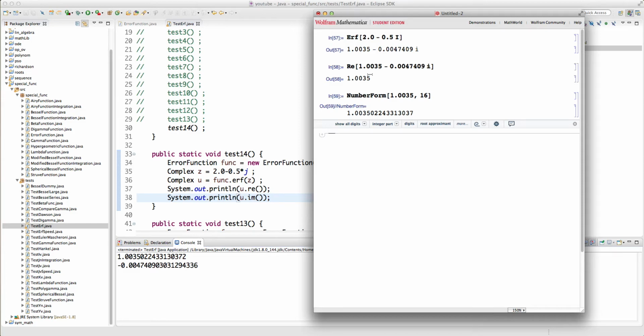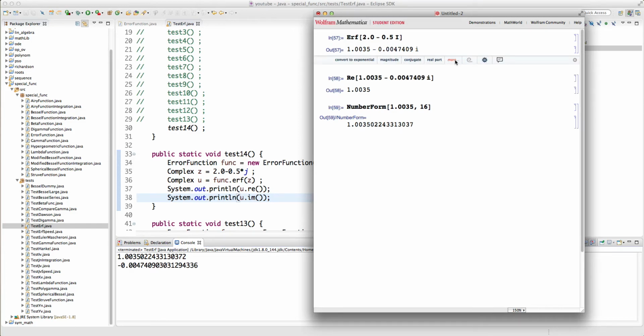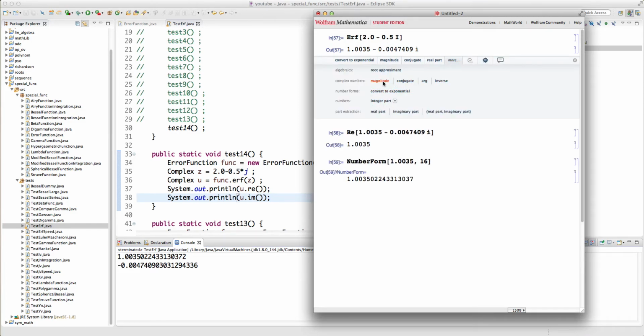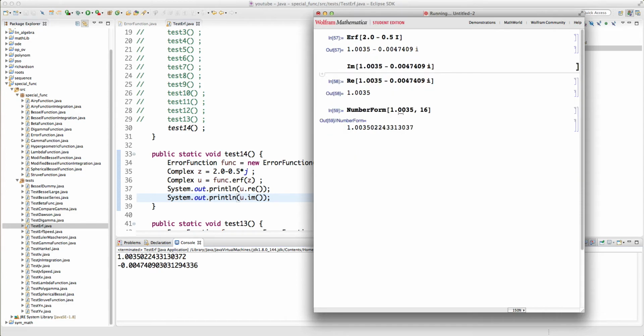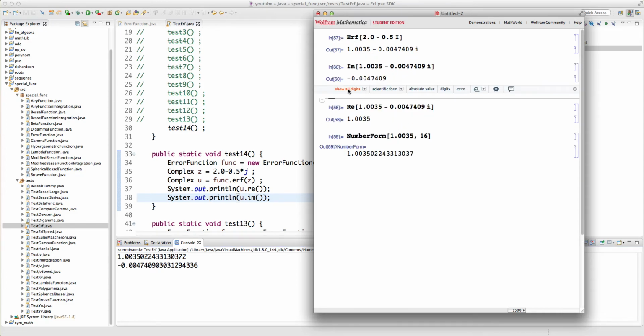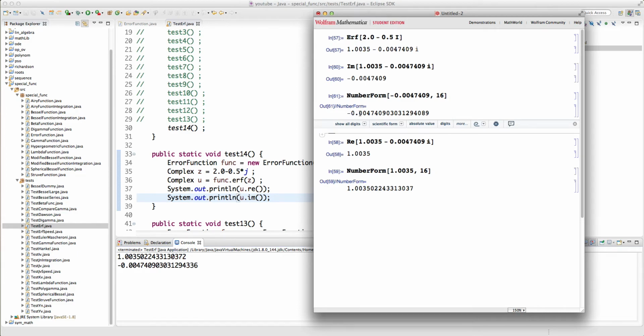Let me also look at the imaginary part. Minus 0.0047409033129.